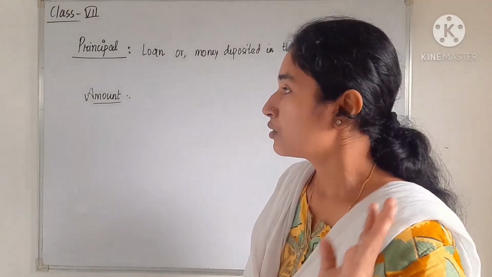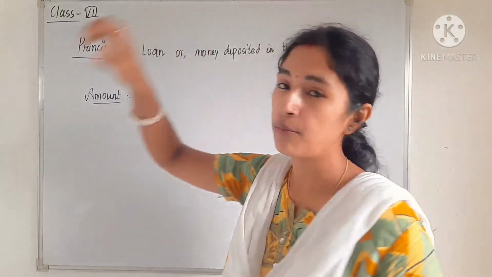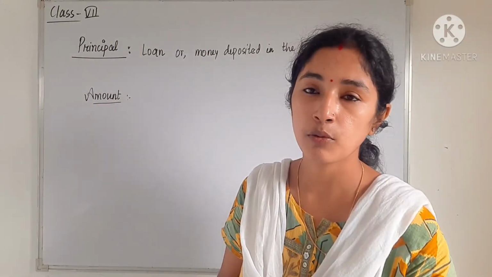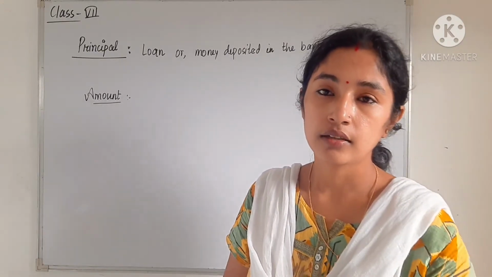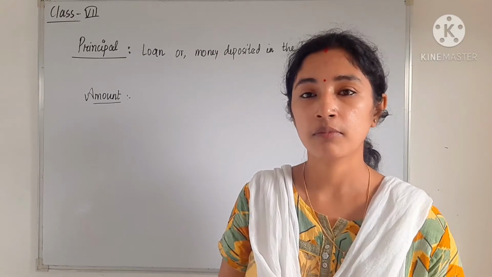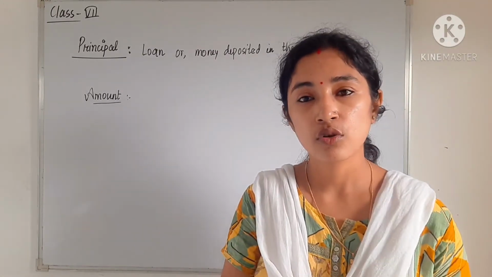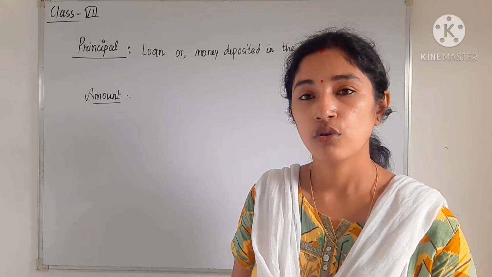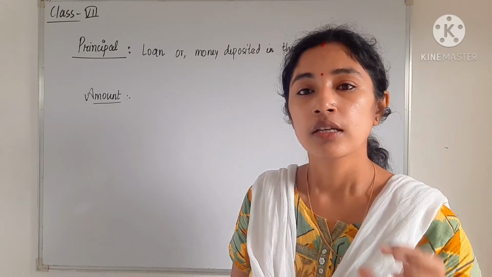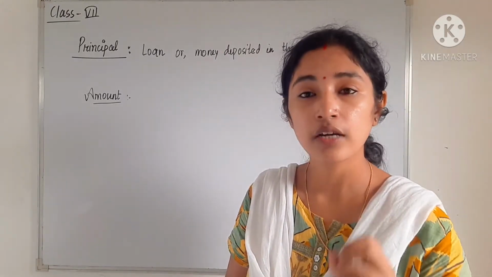Now, what is amount? If we deposit money in the bank, what will happen? Suppose I am depositing ₹1000 in the bank. If I want to take that amount after some period of time, say 2 months, they will give some interest on that money, because they are taking my money, so they have to pay some amount on the money which I deposited.